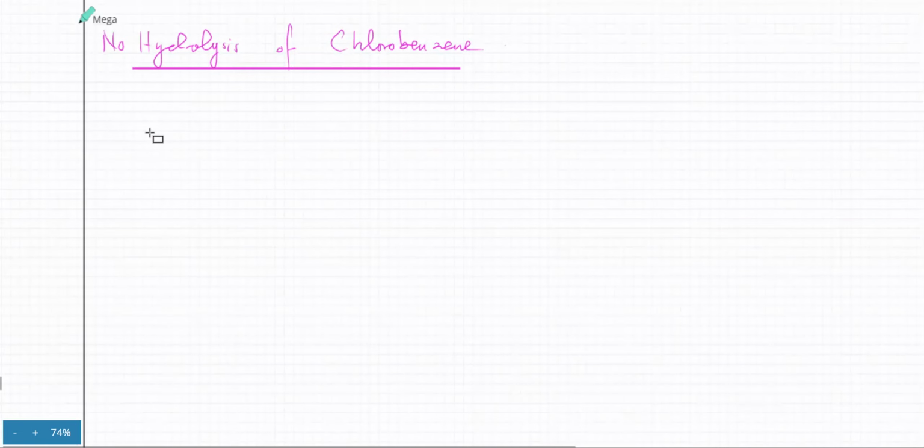The reason is that there is a benzene ring, and the benzene ring has pi electron clouds, and the Cl is attached to such a benzene. So there is a Cl, and this over here is your benzene ring.